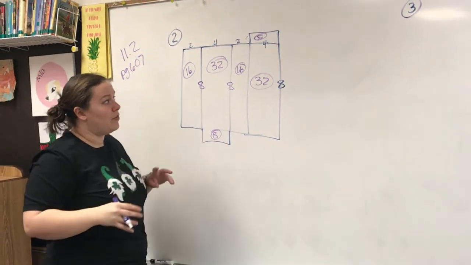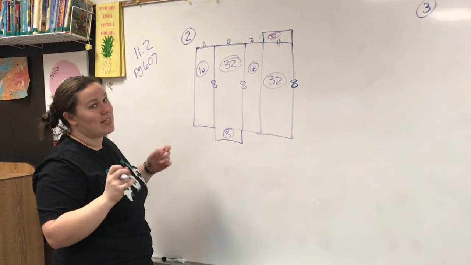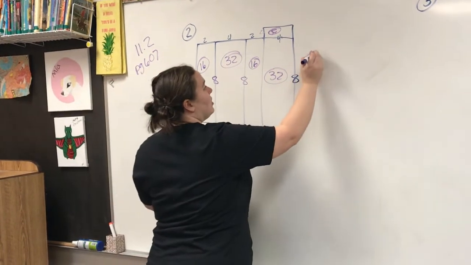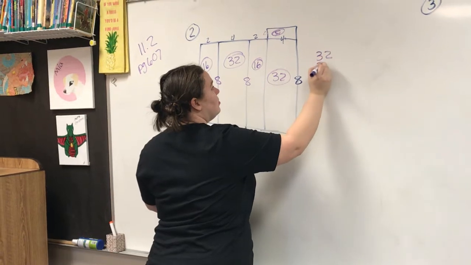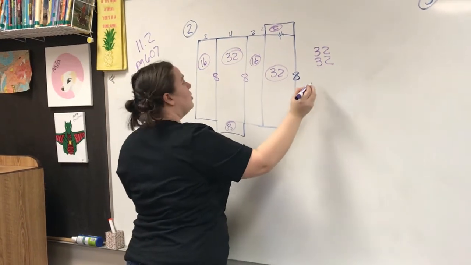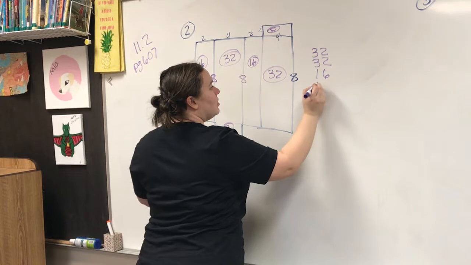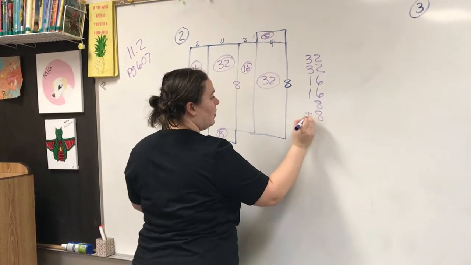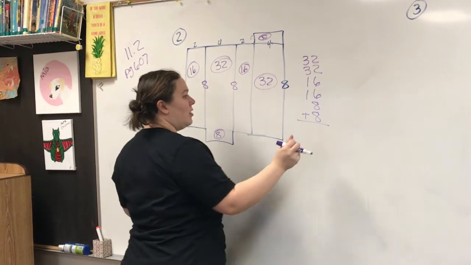This is only half of the work. The other half is adding all of these together. So I like to start with the biggest numbers. 32 plus 32, 16 plus 16, and then 8 and 8. And you add them all together.